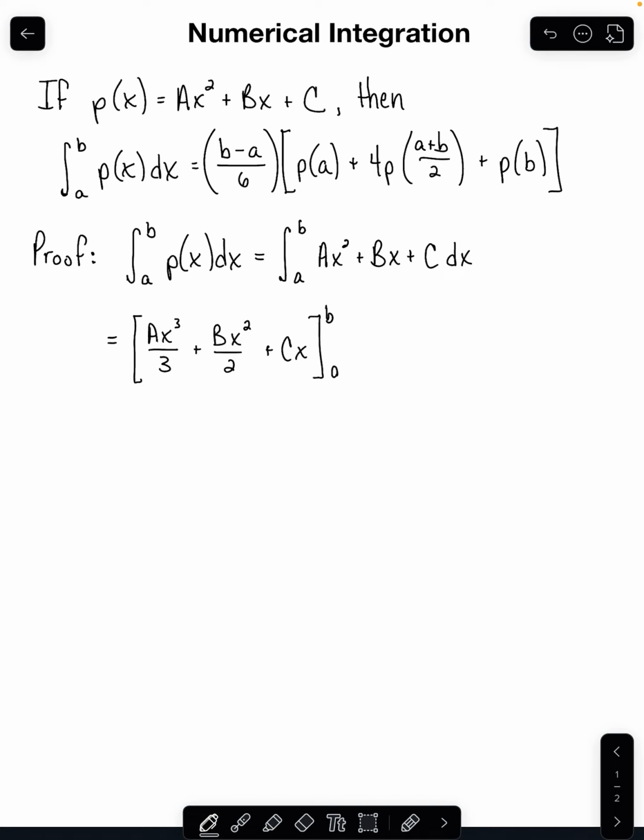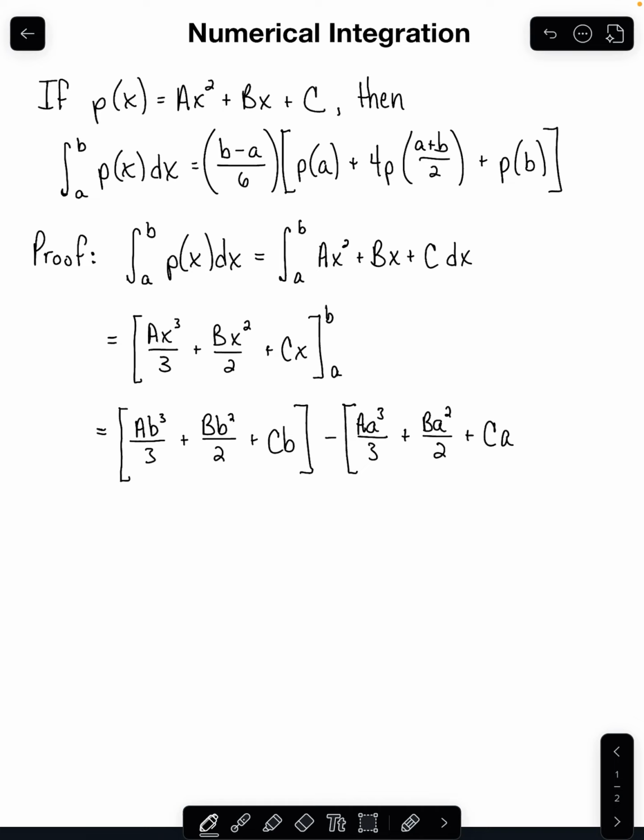And this will be evaluated at each of the endpoints, so that we have big A times little b cubed over 3, plus big B times little b squared over 2, plus C times little b. And then subtracted from that is big A times little a cubed over 3, plus big B times little a squared over 2, plus big C times little a.